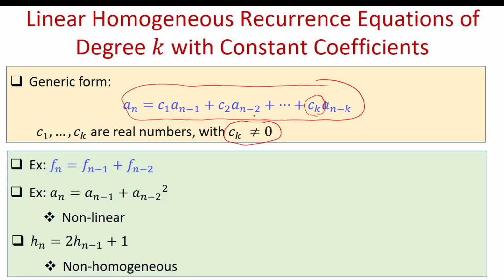The recurrence equation for the Fibonacci sequence is an example of a linear homogeneous equation. This is a nonlinear equation and this is a non-homogeneous equation. Okay, so we are interested in coming up with a general method for solving recurrence equations of this type.